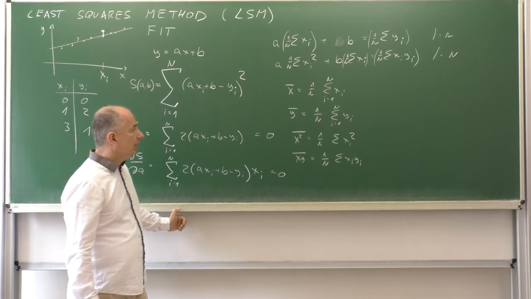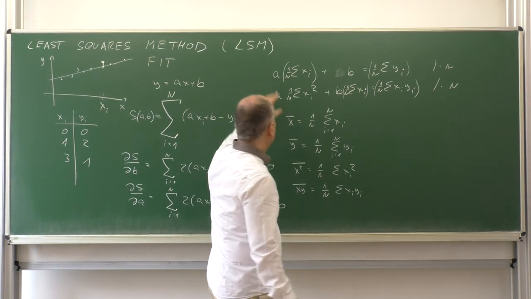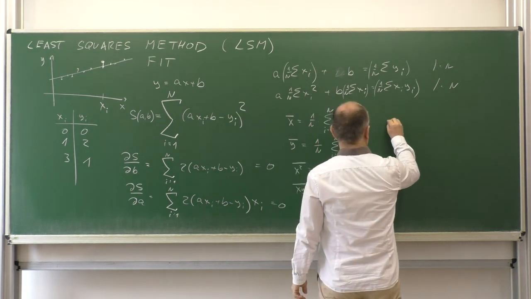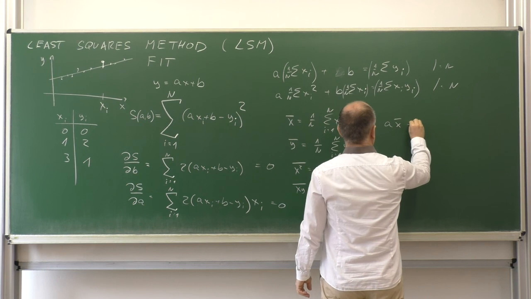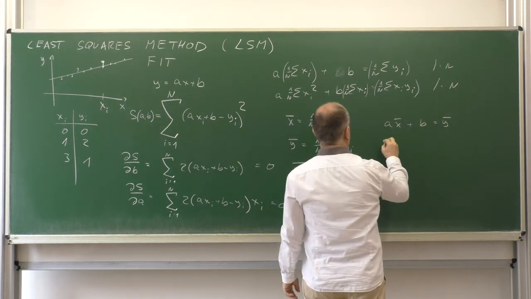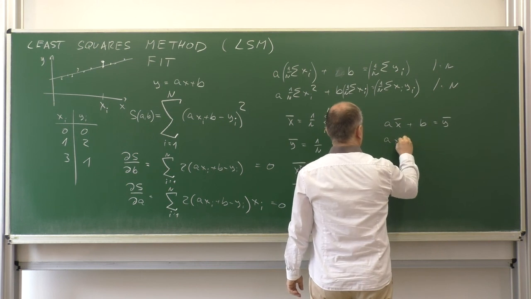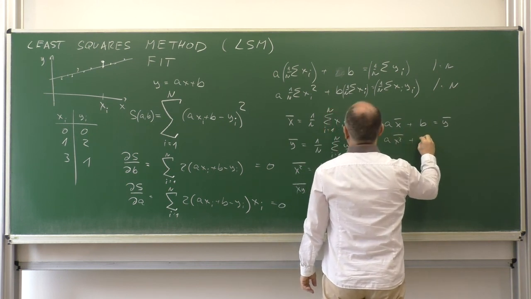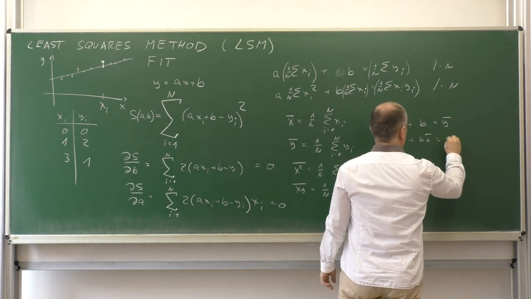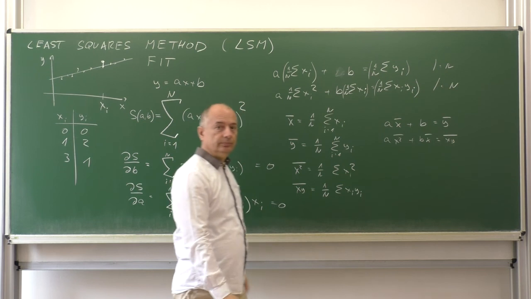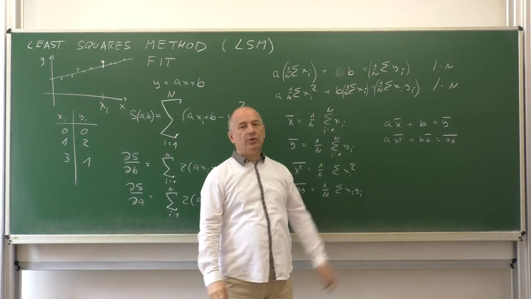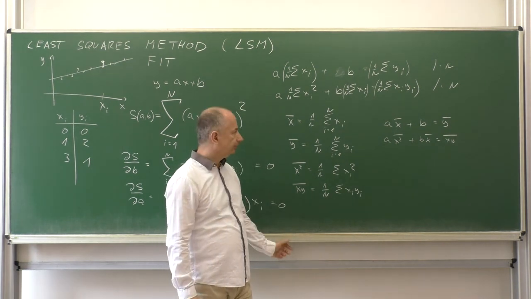And using this notation, this system of equations can be written as a x bar plus b is y bar, and a x squared bar plus b x bar is xy bar. Well, and I claim this to be very easy to remember.